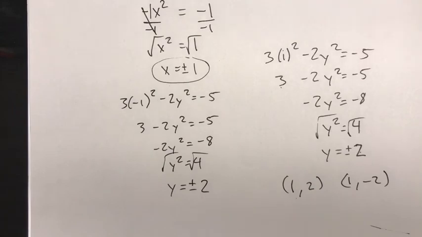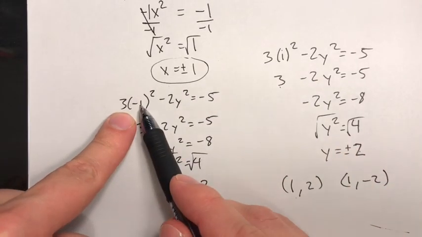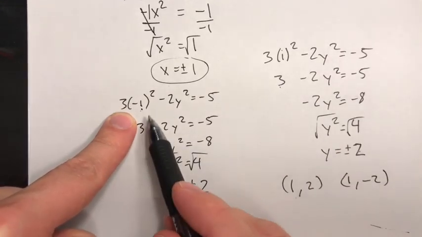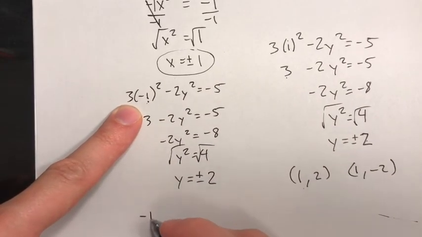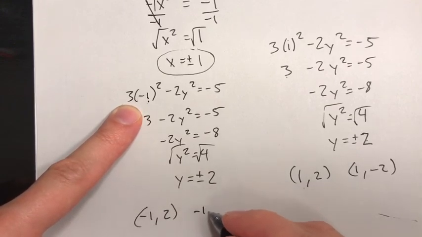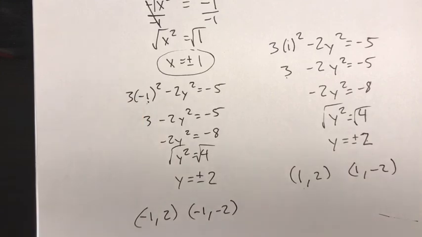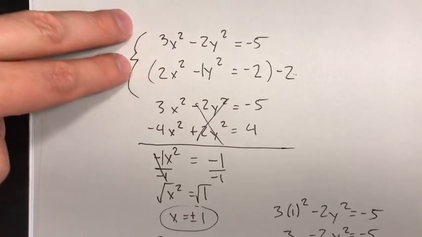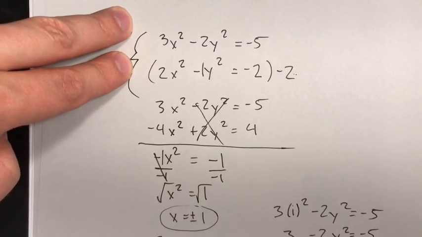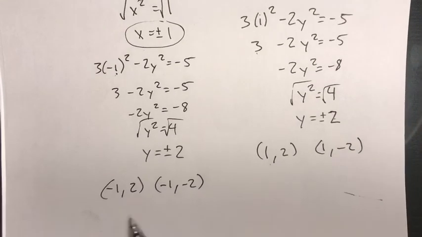So similar result, but notice how I did plug in a different number, -1 rather than 1. This is the way I'm going to write these as points: -1 got me 2, and -1 also got me a -2. So technically, if you graph these two equations, which are ovals, they actually run into each other 4 times, here, here, here, and here.